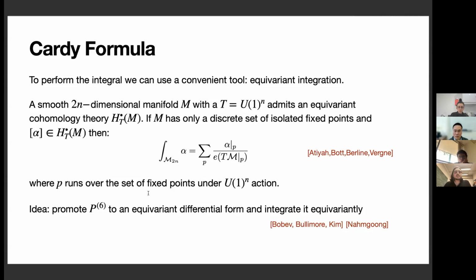And the basic idea is that there is a very convenient way to do this kind of integration involving the anomaly polynomial. If we promote the anomaly polynomial to be an equivariant differential form, and we integrate it equivariantly according to this method, this type of trick replaces the analysis that I made before in the non-supersymmetric case.